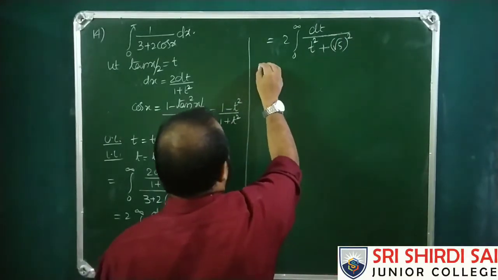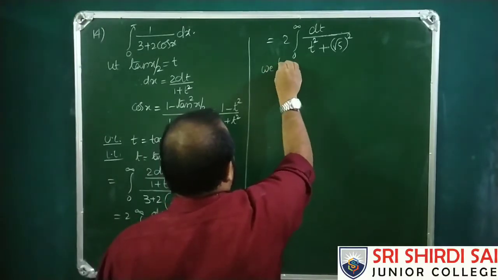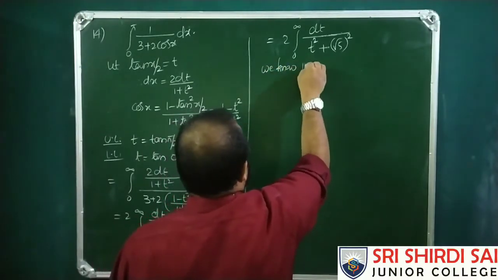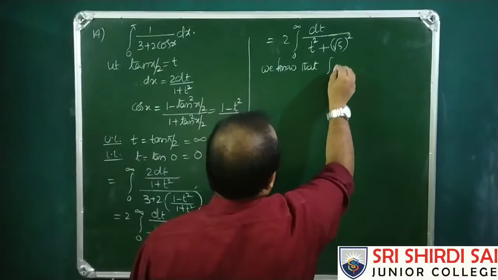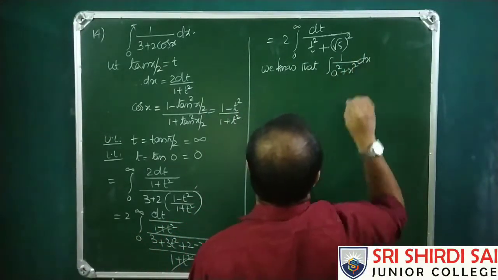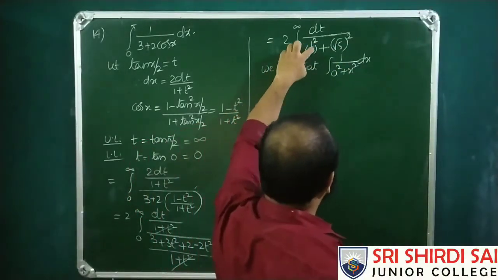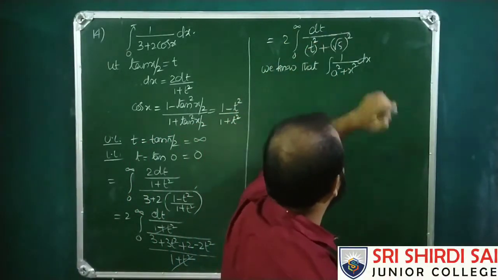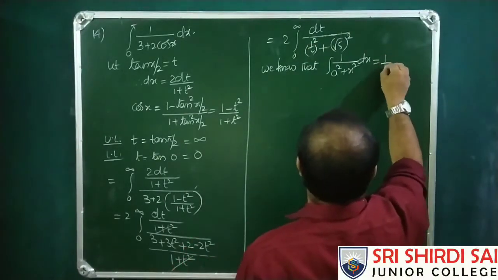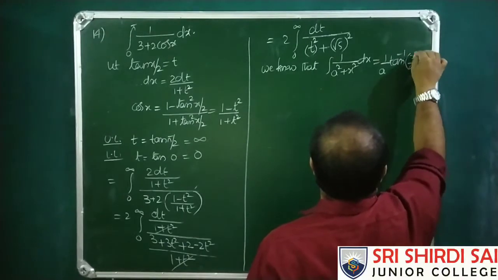So we know the formula: integral of 1 by (a square plus x square) dx, because x is the variable of integration, x square is treated and this is a square, is 1 by a tan inverse x by a plus c.